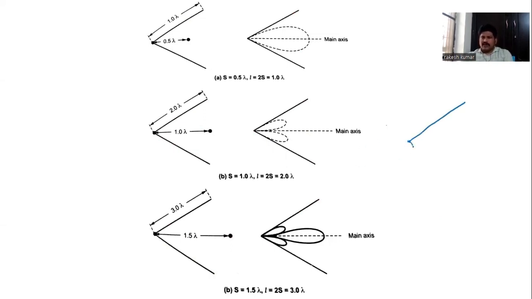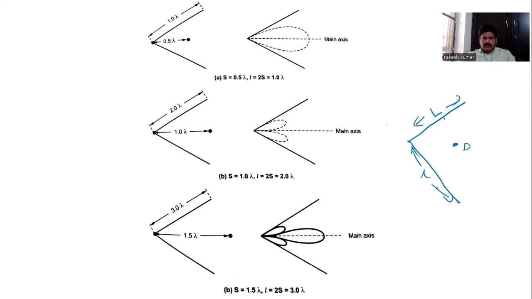If I want to design any corner reflector, this is L, the length. And this is a driven element dipole. What is this L?